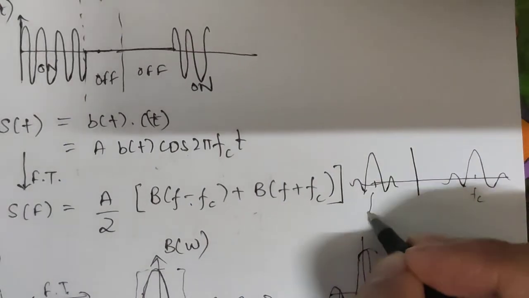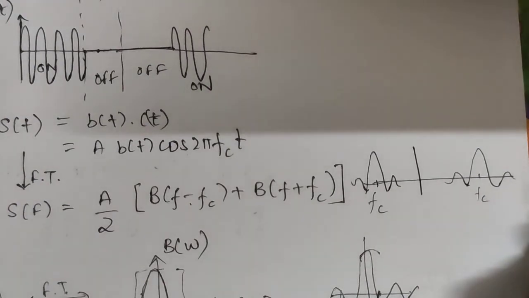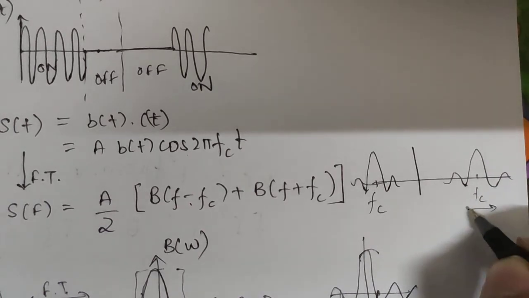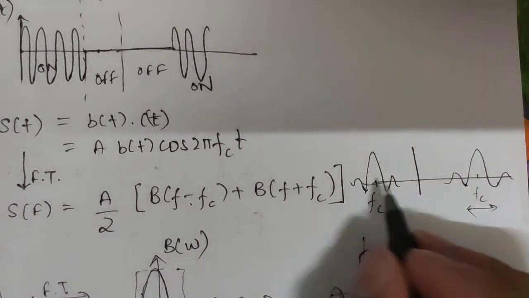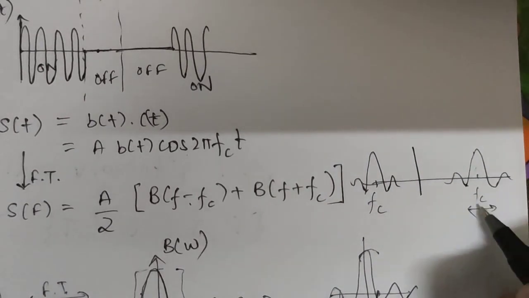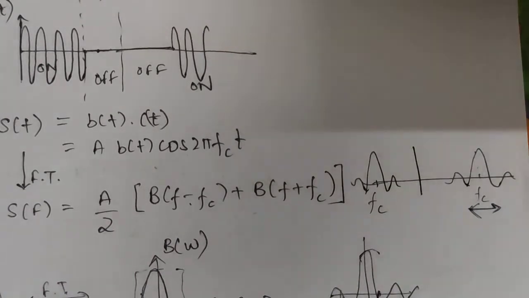This is fc, this is fc. I told you that we only consider the positive part. So the positive part, this is just a replica, a mirror image, we are considering this. The positive part is this much, right? So bandwidth will be this much only.